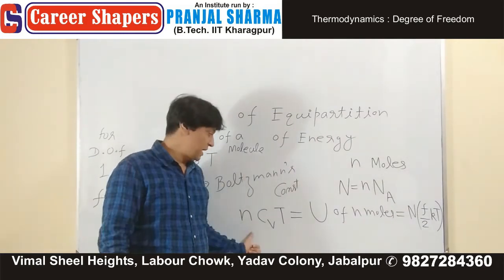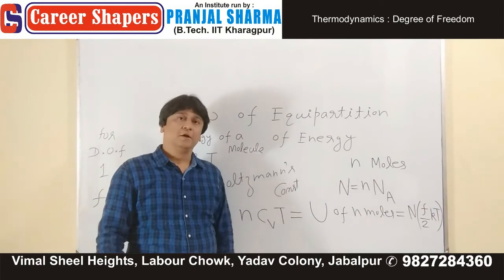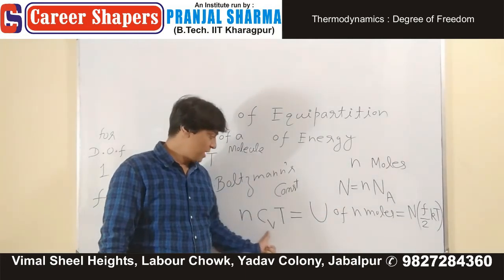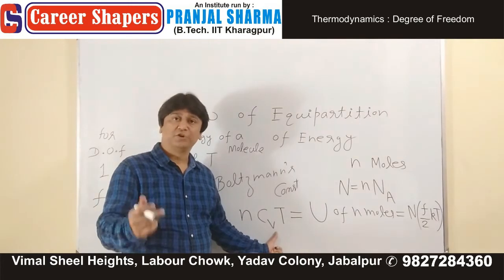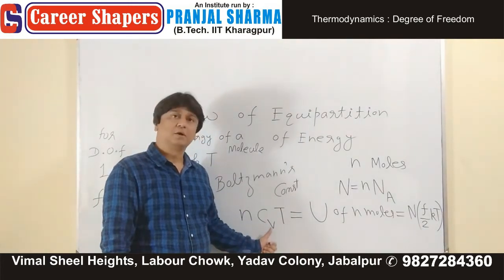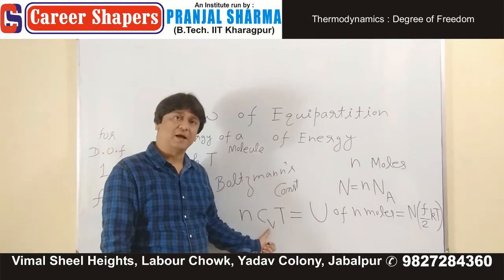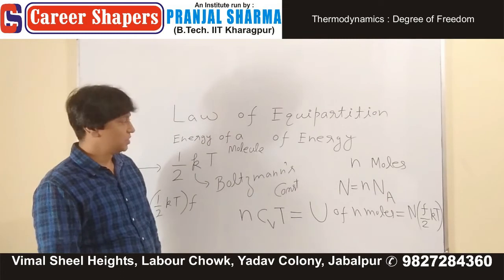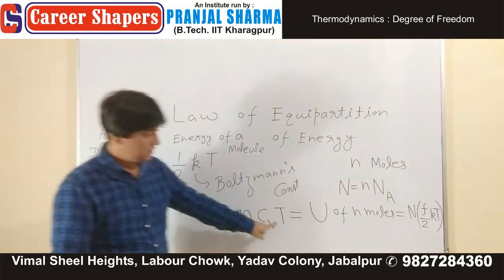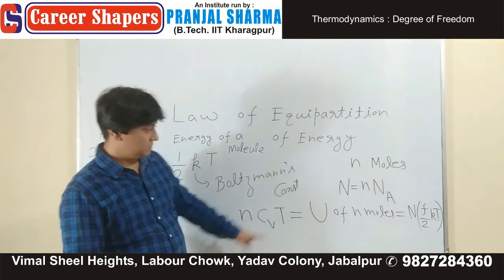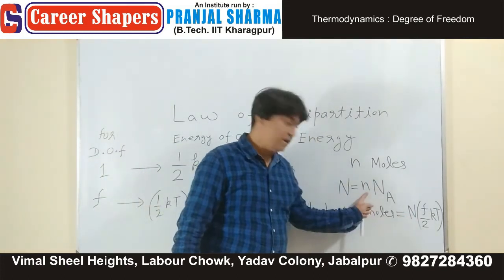U is what? nCvT. With the help of this, we have obtained a function for Cv, molar specific heat capacity at constant volume. What is the function? nT. And in this n is present.